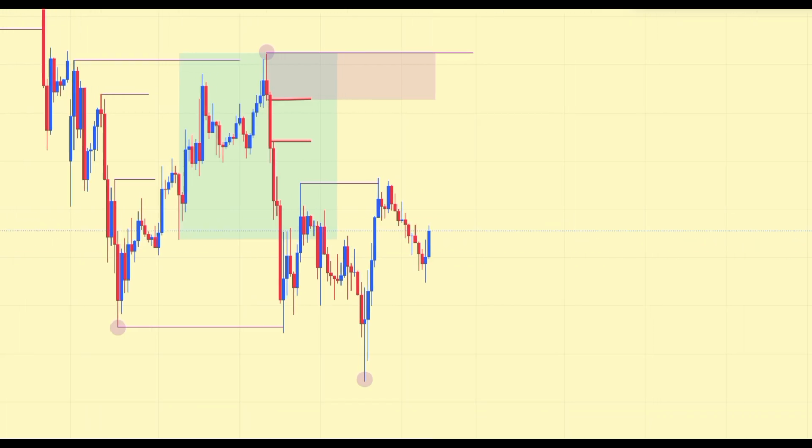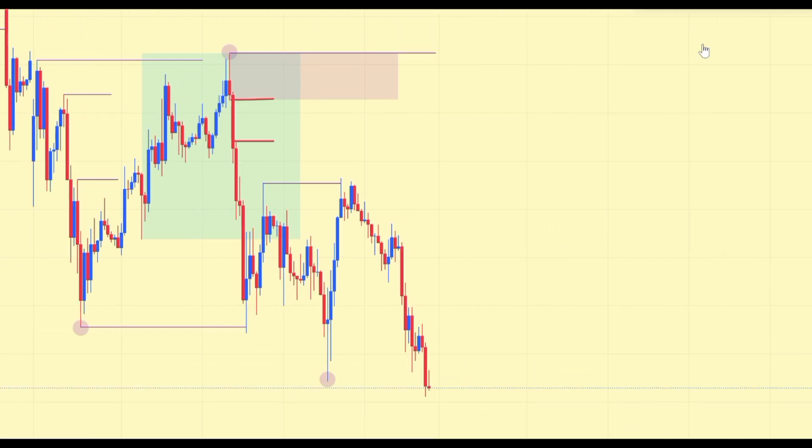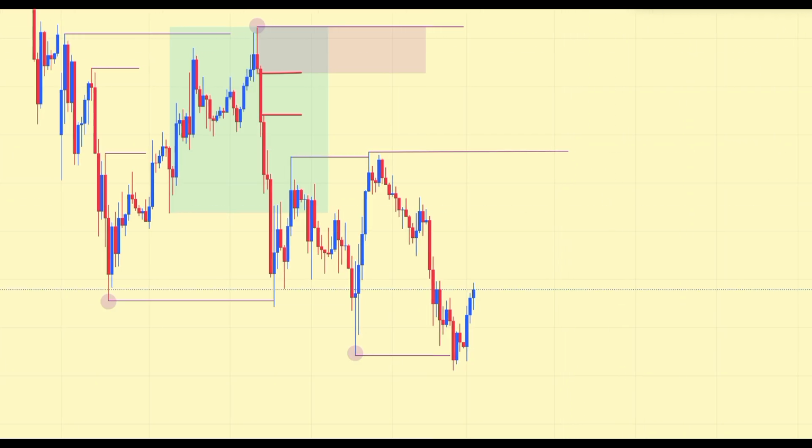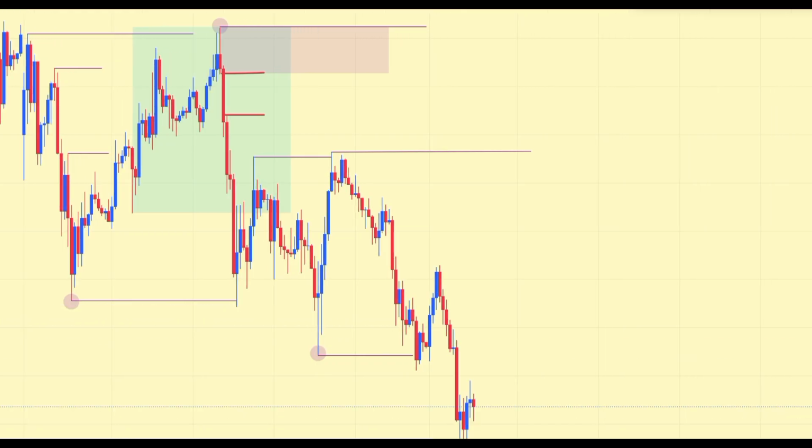Right here, price respects the sweep and extends all the way towards the external liquidity. This means we have just created a new trading range, and this one here is the high of the trading range. Let me run price so that we can identify the inducement.